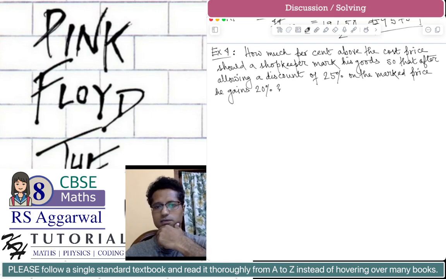Now this gain of 20% is based on the final selling price and the cost price. We do not know the cost price. The absolute value of cost price is actually not required to solve this problem, but for the ease of calculation, we can assume the cost price to be some variable.